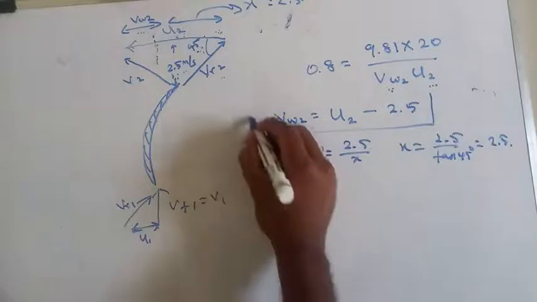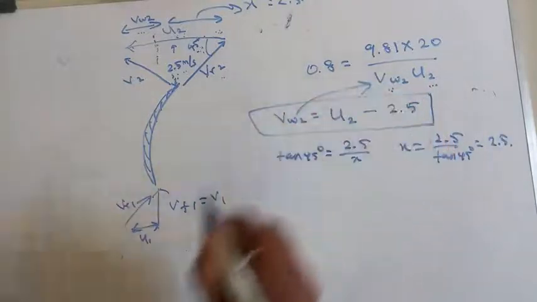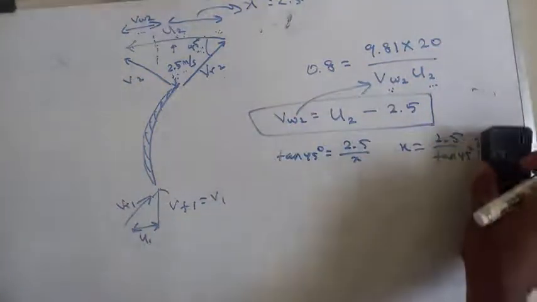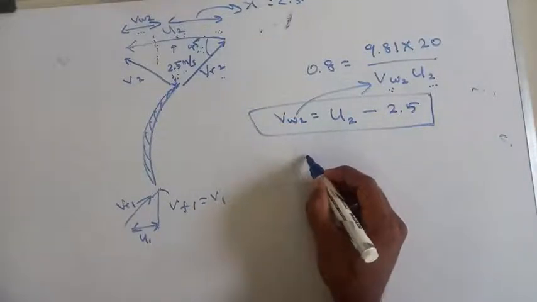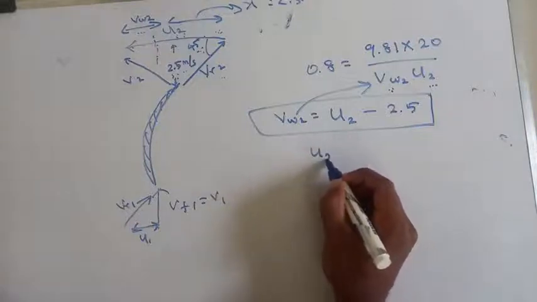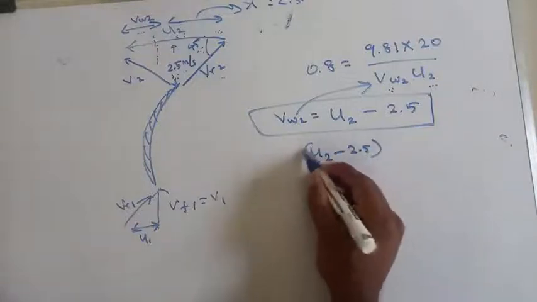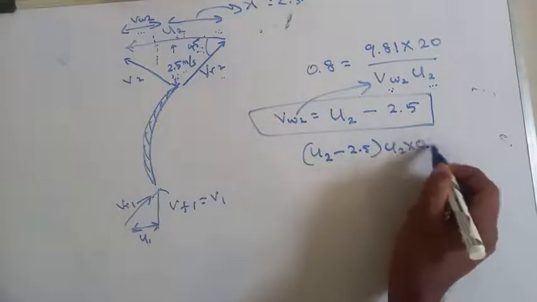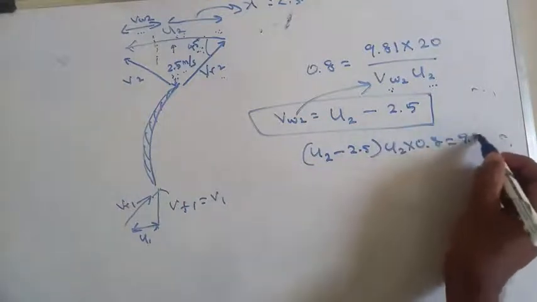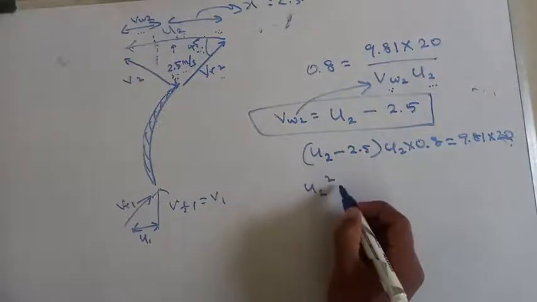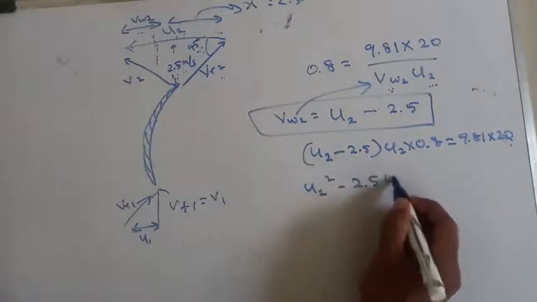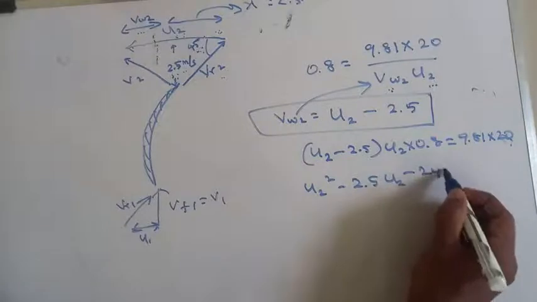If I substitute this VW2 in this equation and rewrite everything in terms of U2, I will get (U2 minus 2.5) into U2 into 0.8 is equal to 9.81 into 20. If I expand this, I will get this equation.